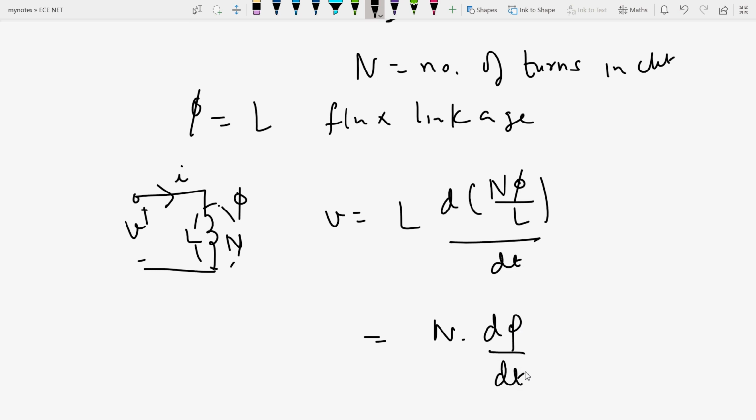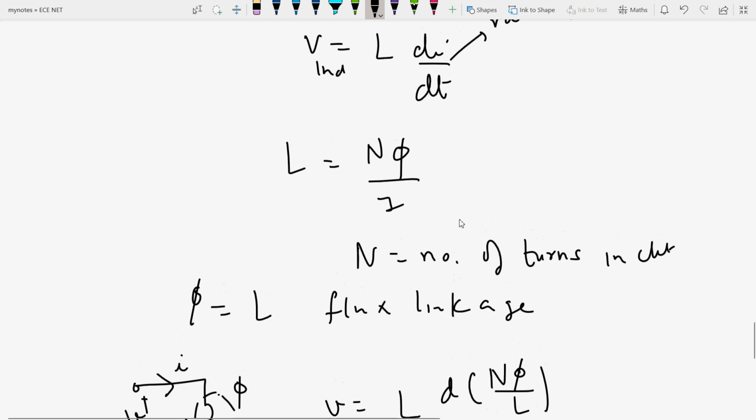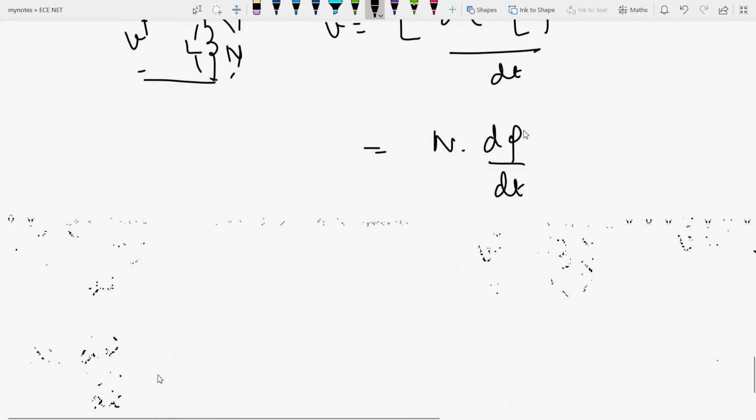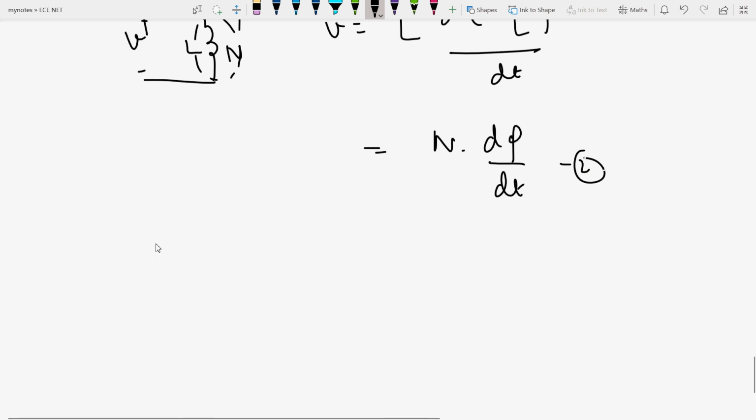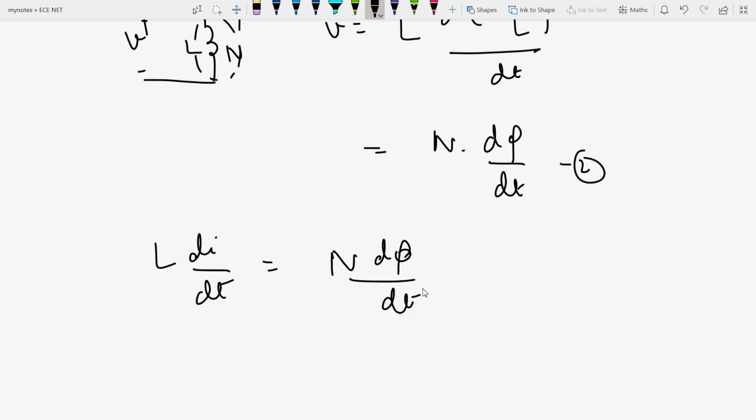So this is the first equation, and this is the second equation. Equating both, L di by dt is equal to N d phi by dt, which implies L is equal to N d phi by di.